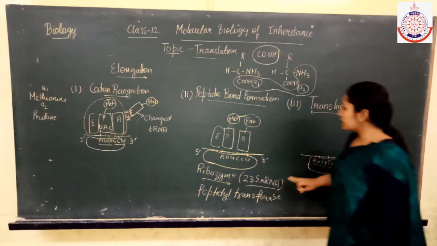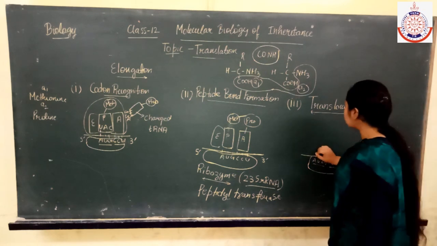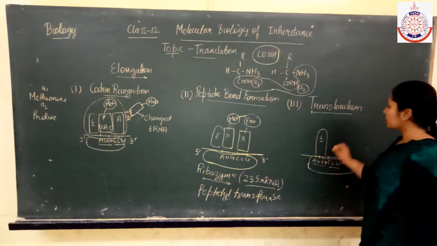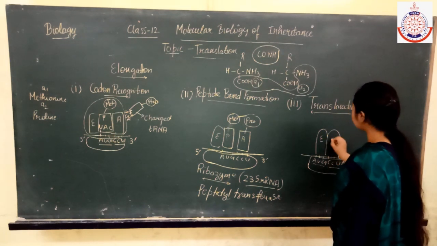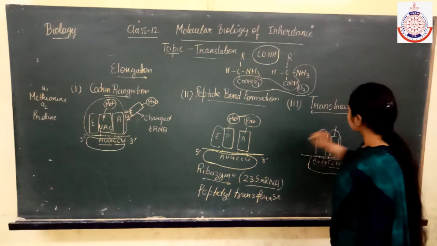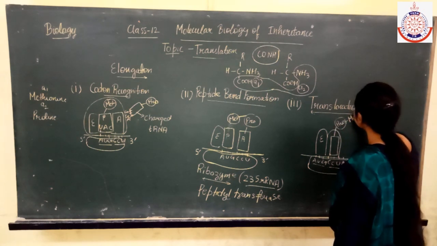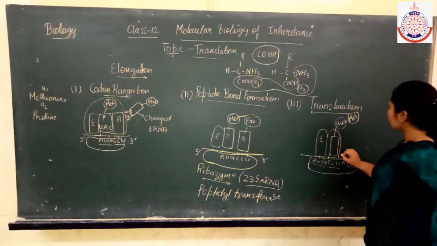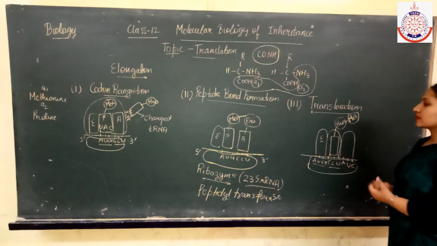Now you can see the difference here: the AUG is present in the E site. And the P site here has the tRNA which is bound with the proline and methionine. Okay, and now here this is empty. So this is the translocation process.